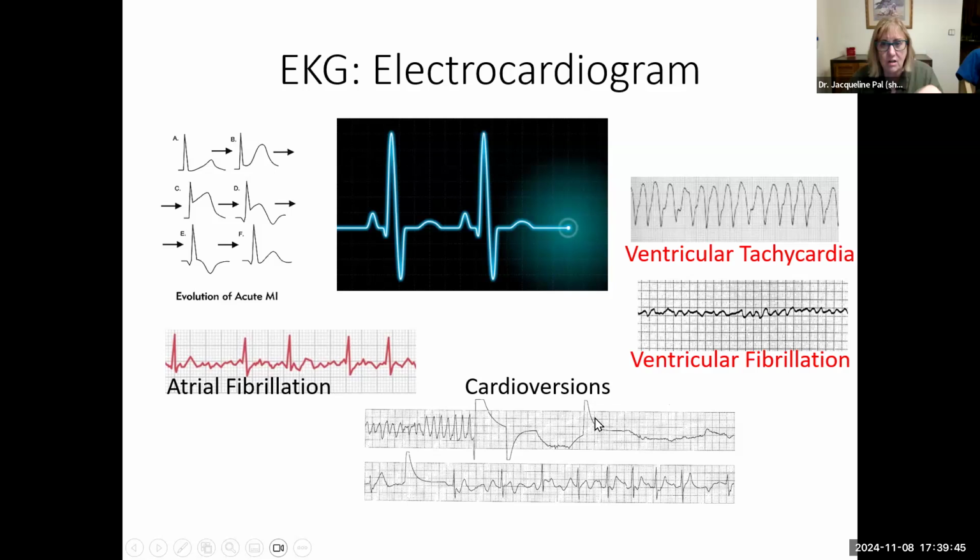Not good. So we cardioverted them a second time, and they stayed in VFib. And so we cardioverted a third time, and they actually came back in a slow rhythm, and you could see evidence of myocardial damage, but at least the person had some kind of a cardiac output.